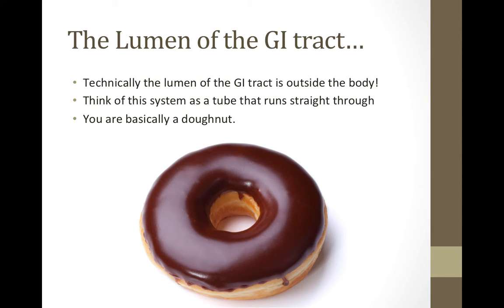When you put something in your mouth and swallow it, we like to think that food is going inside our body, but technically it's still outside your body. It's going to run the length from your mouth to your anus, and the entire time that food stays outside your body.